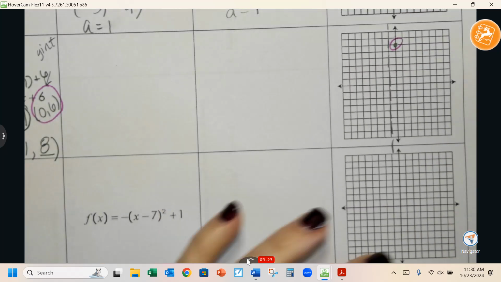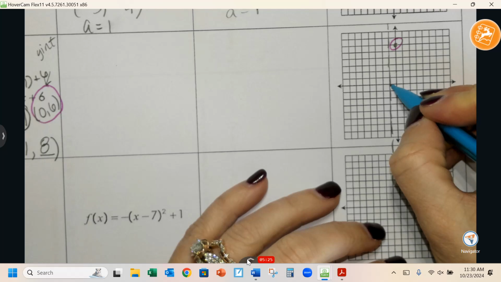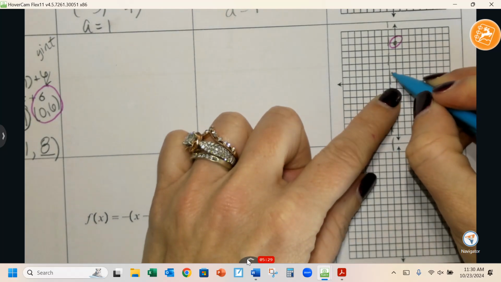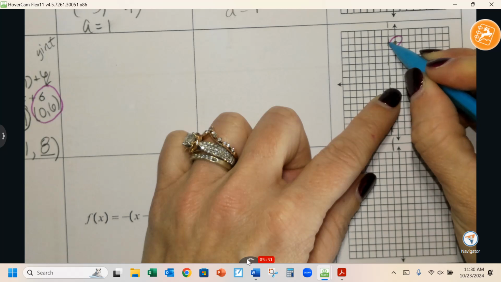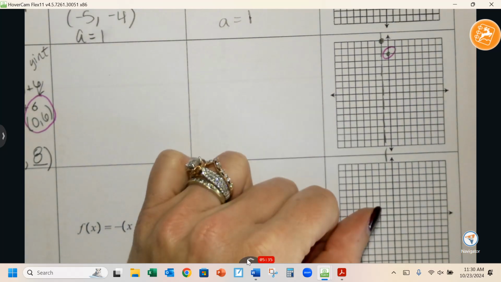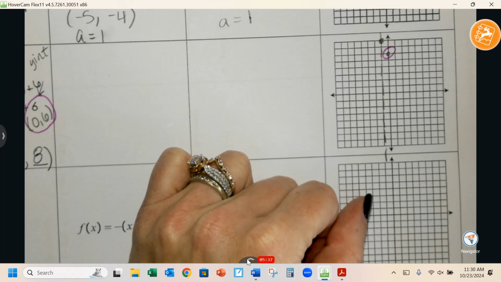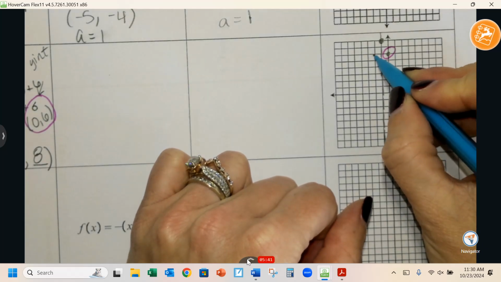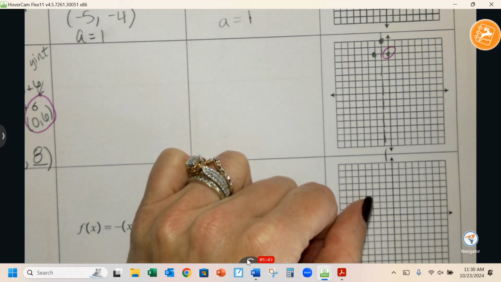So now I can mark that on my graph. Negative 1. 1, 2, 3, 4, 5, 6, 7, 8. We're all the way up there. And since this is the axis of symmetry, I also know this point exists on the parabola.